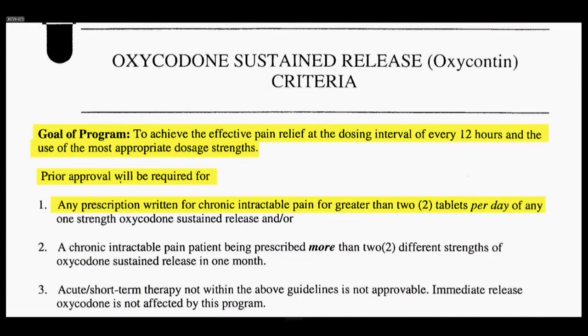Prior approval required for any prescription written for chronic intractable pain for greater than 2 tablets per day of any one strength of oxycodone sustained release, right? It says that.